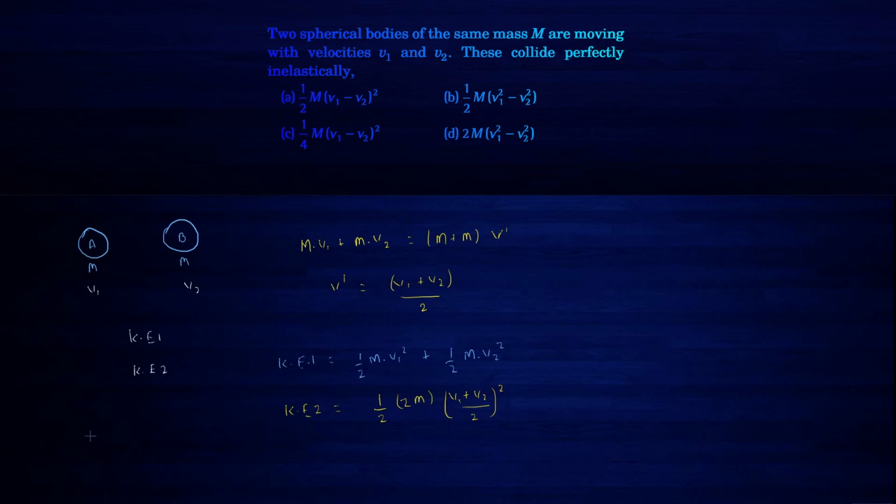So if you want to find the loss in energy, delta change in energy is equal to KE1 minus KE2. This much amount of energy is lost to the surroundings. So let's calculate this.